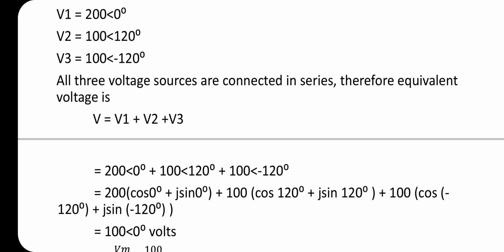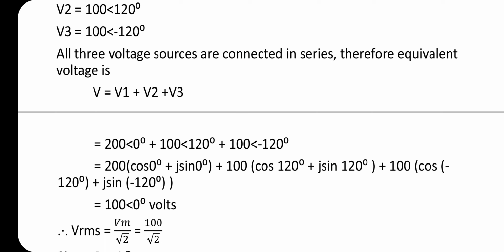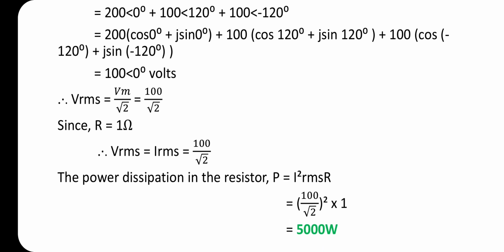So, 200 cos 0 degree plus j sin 0 degree plus 100 into cos 120 degree plus j sin 120 degree plus 100 into cos minus 120 degree plus j sin minus 120 degree. After solving, we get the total voltage V as 100 angle 0 degree volts. Therefore, Vrms equal to Vm by root 2, which is equal to 100 by root 2.